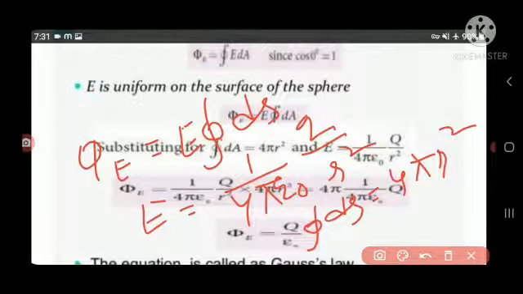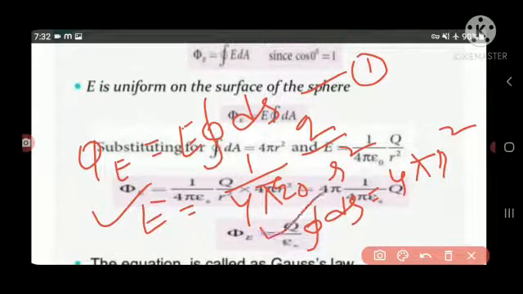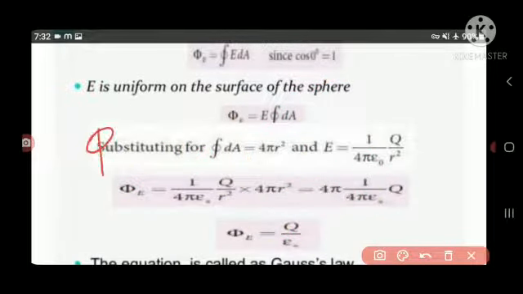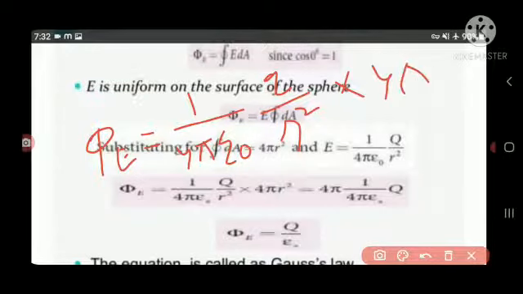So if we put the values of E and the integral of ds in the first equation, phi E is equal to 1 by 4 pi epsilon naught q by r square into 4 pi r square, right?